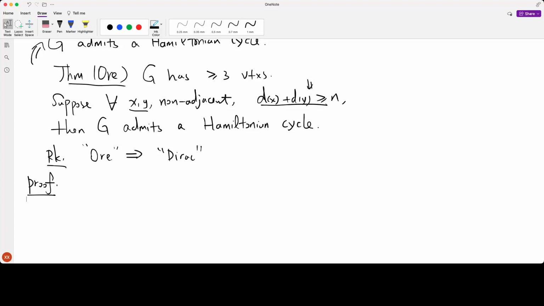Okay, so suppose it is not true. Then, okay, here is another technique in graph theory.